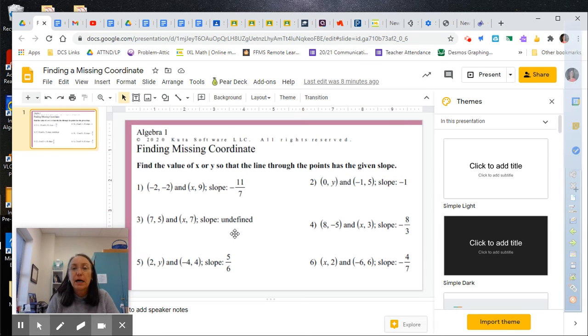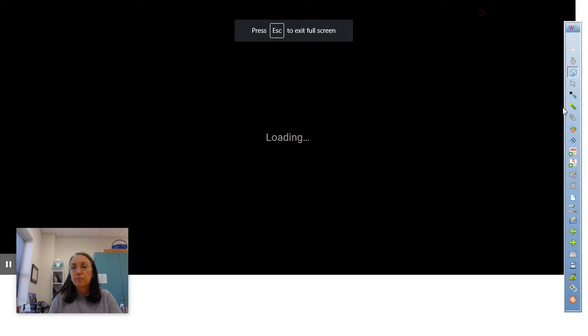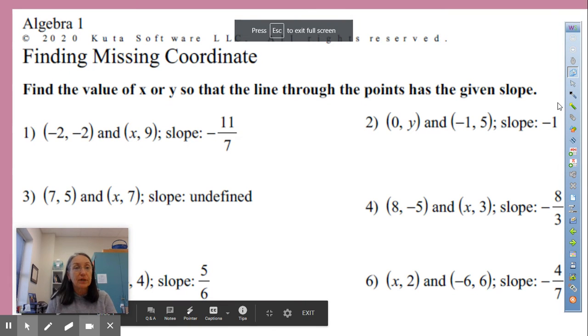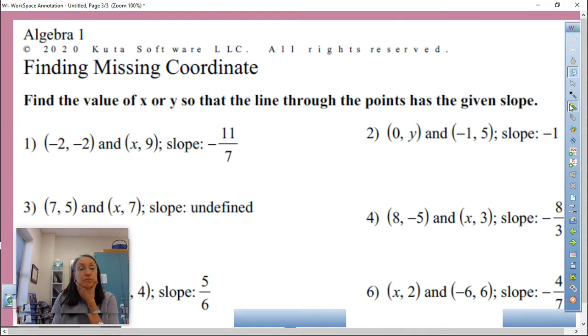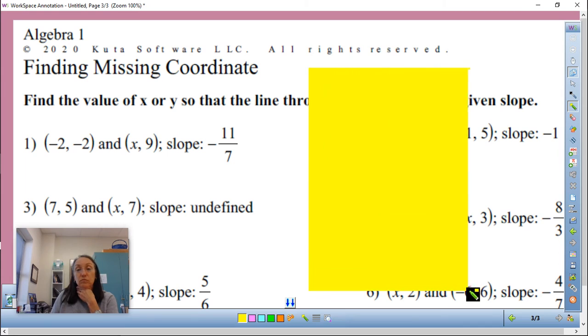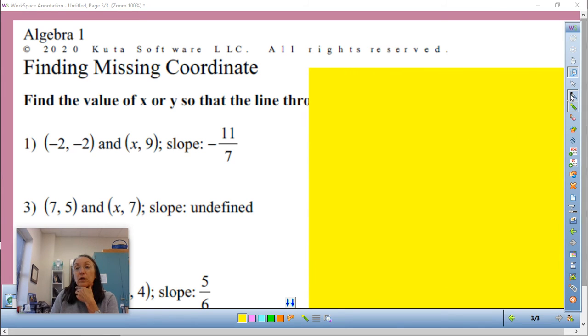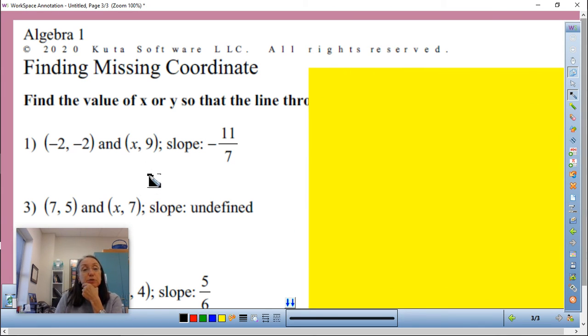I think I'd like to do one more of these. You can stop the video here if you're okay with this and you don't need me to keep explaining. But I do want to do one more example. I think I'll do this one where it's undefined. Actually, I might do 2 more, but this one.